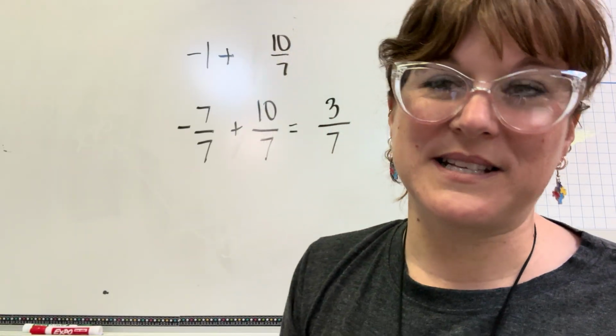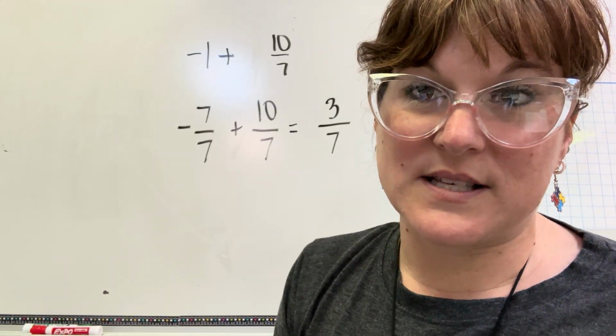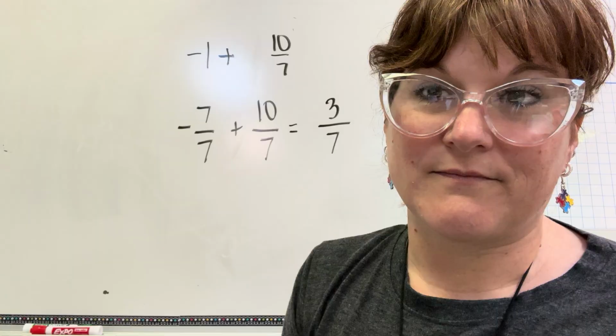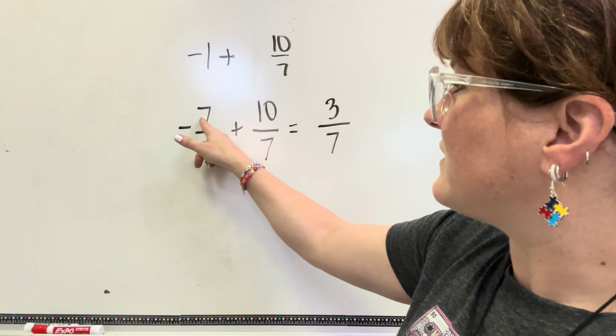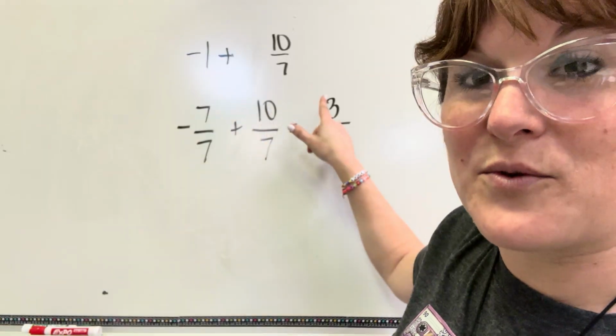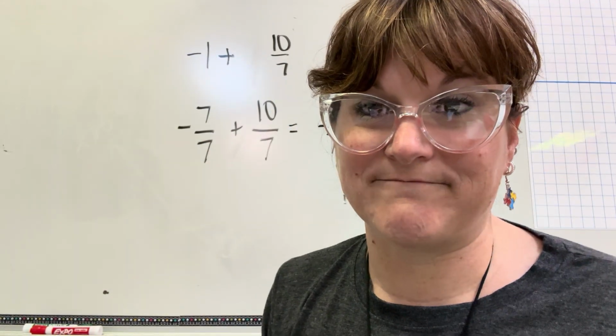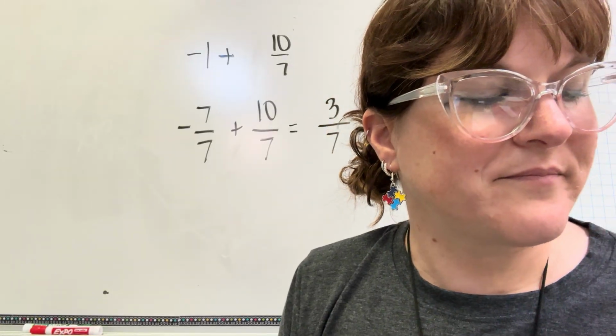You're welcome. It's summer. What sign do I give 3/7? A positive sign, because that 7 is a smaller number than 10, and 10 is positive, so 3/7 is going to be a positive number. So that is an example of doing that. All right.